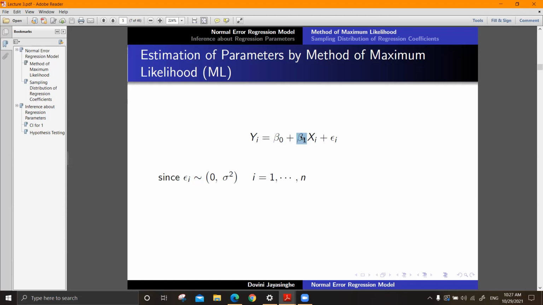That is why we perform hypothesis testing and construct confidence intervals and so on for this. Even though we can construct a confidence interval for beta naught, we are practically not doing a hypothesis test for it because it's not needed. This is the most important part: to have this model, to include x in this model, because y is varying because of x.